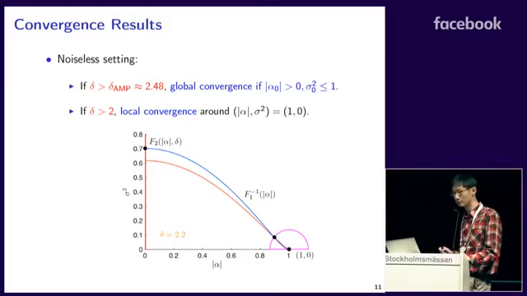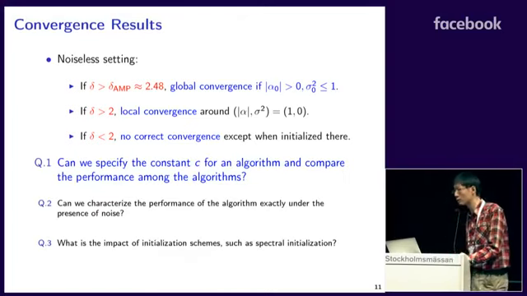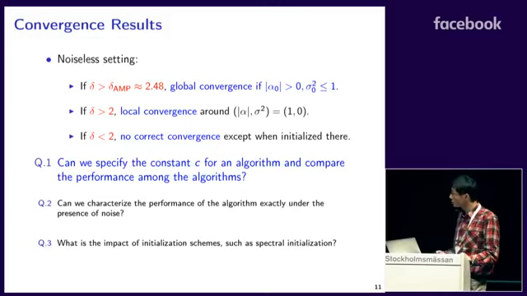Otherwise, we cannot. That region is also referred to as the Bayesian attraction region for 1, 0. I have to point out that this purple curve is a heuristic drawing. And if delta is less than 2, then there's no correct convergence unless you initialize at 1, 0. Now, this basically answers the first question. That is, the constant C will be exactly equal to the critical value, which is delta amp.